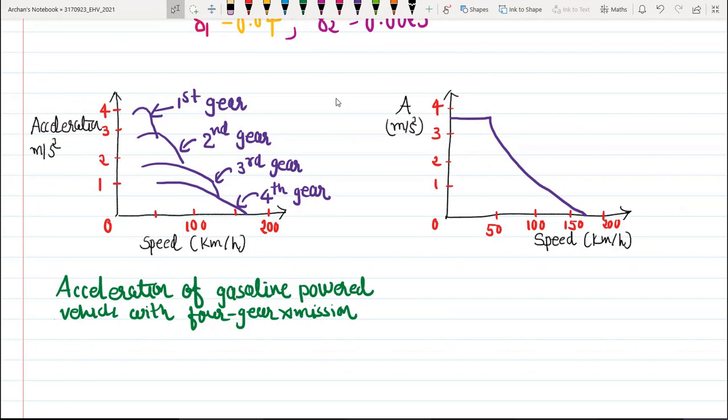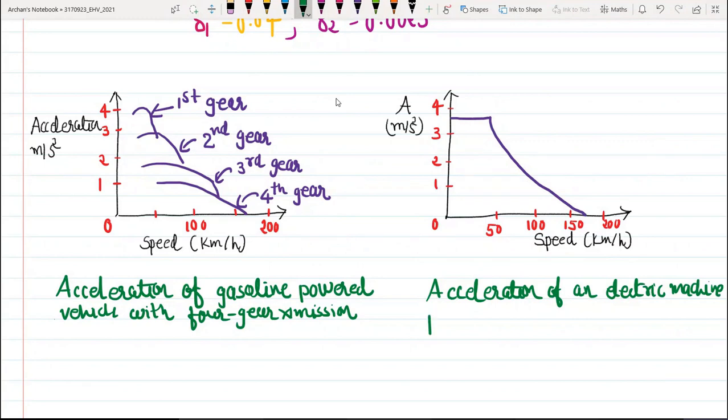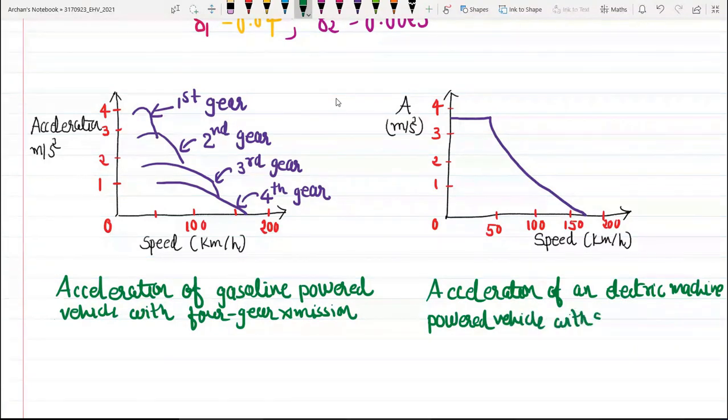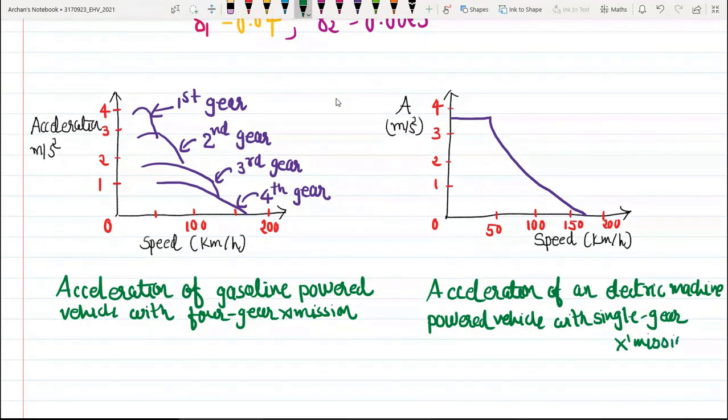And second one is for acceleration of an electric machine powered vehicle with single gear transmission. Right. So these are the things.